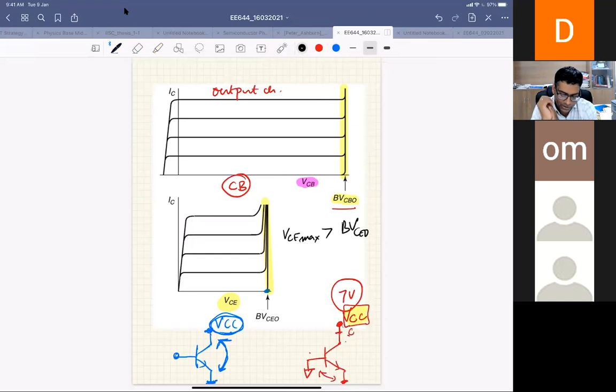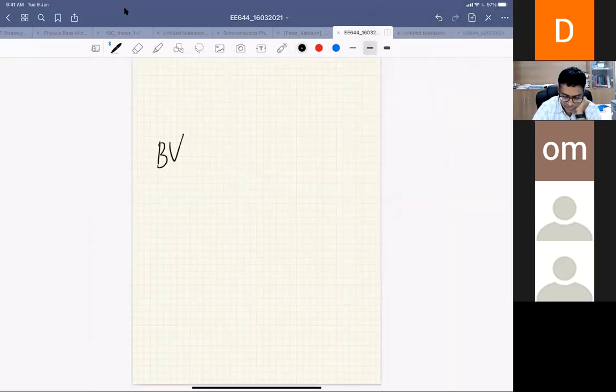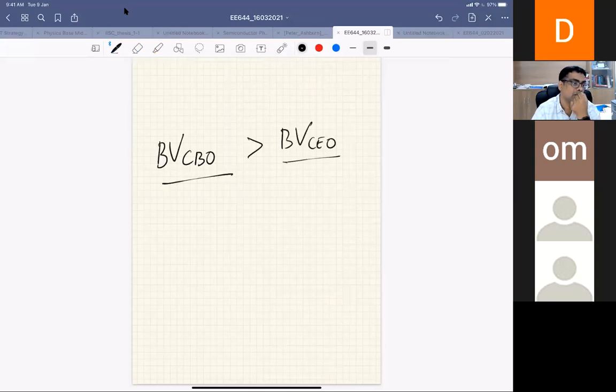You could clearly see your BVCBO is much higher than BVCEO, and we will see why. Let's say you want to operate your bipolar junction transistor at 5 volt, so your VCC is 5 volt.